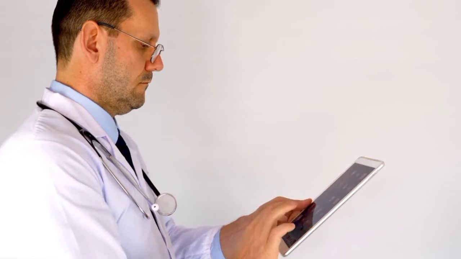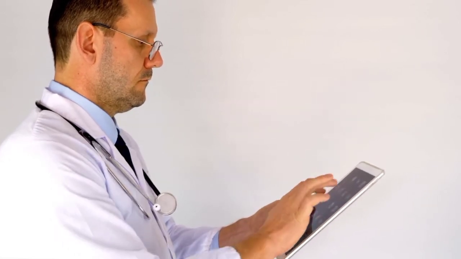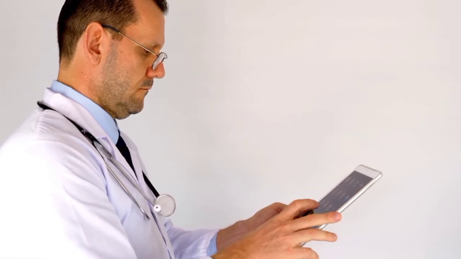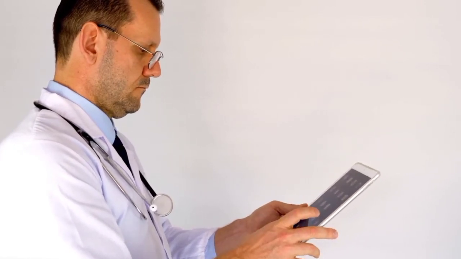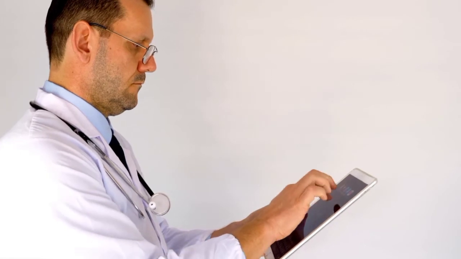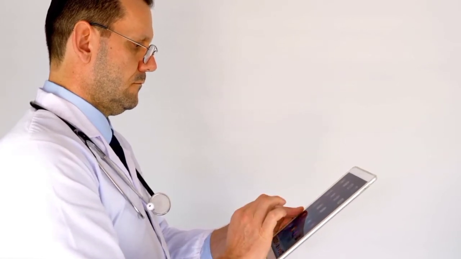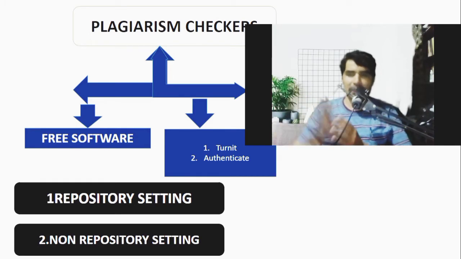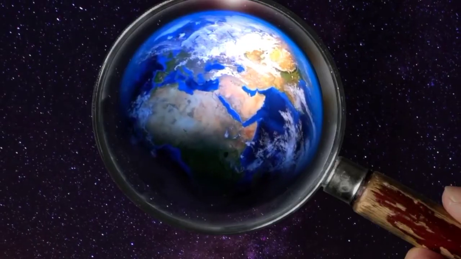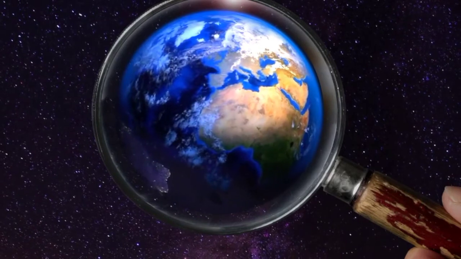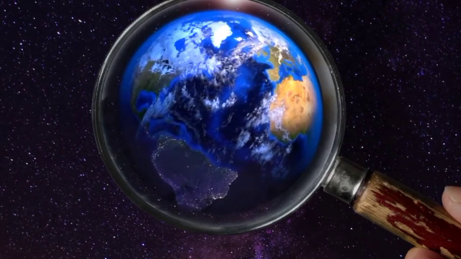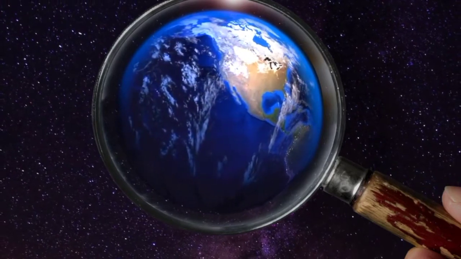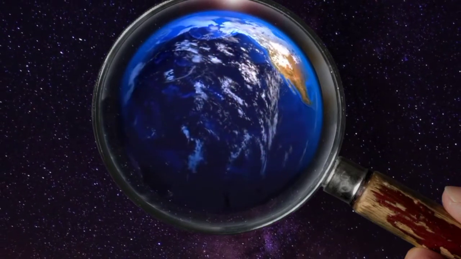If there is a repository setting, it will be a problem for you, because your file will be stored in that software, and whenever you check your article or your thesis again, it will show you the same result, because it will be comparing against the previous file. So I recommend, whenever you go for plagiarism checking, you must go for non-repository setting.